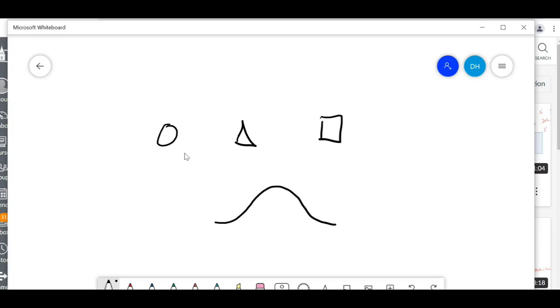Now, like these shapes, each of these shapes has special properties. There's all kinds of things you know about these: 3 sides, 4 sides, angles are all the same, all kinds of crazy geometry stuff about triangles and circles. Well, this has a special property as well. And the special property is that you can find the proportion, the percentage, the area between any two locations.